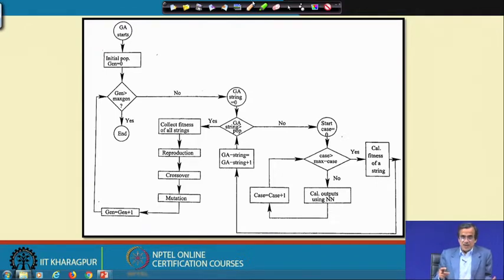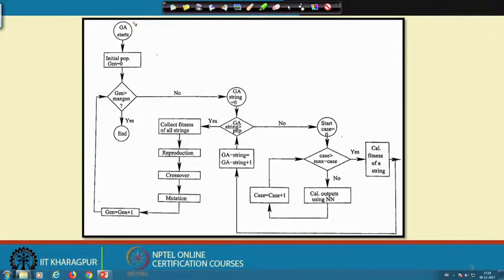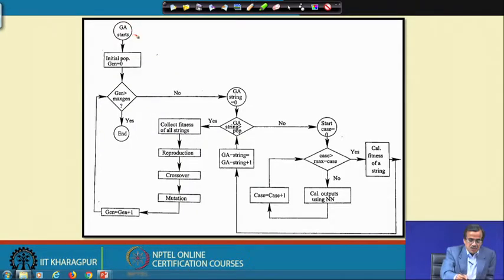Here, as I told, the information related to the multi-layered feed forward network will enter inside the GA, that is, inside the objective function of the GA. Supposing that I am just going to start this GA. So, GA starts.